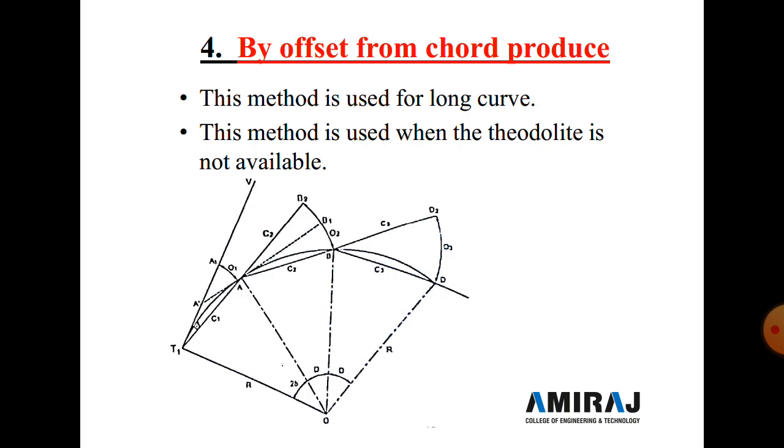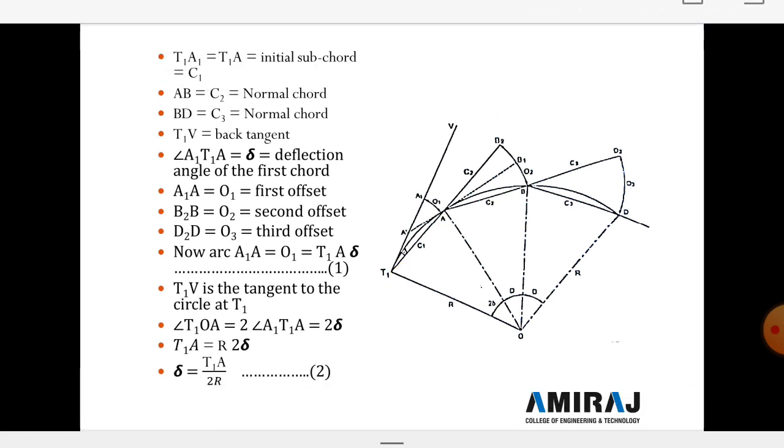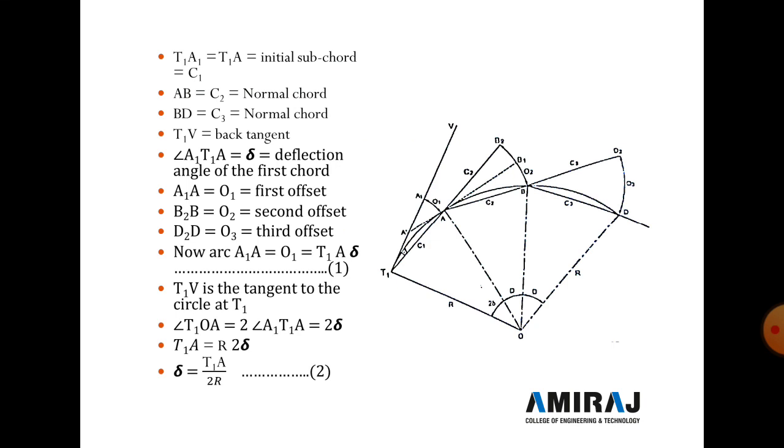Now the fourth and last method is by offset from the chord produced. This method is used for long curves, and when the theodolite is not available. In this method, first of all T1A1 is equal to T1A, the initial subchord, equal to C1. So this is the subchord C1, and AB is the normal chord C2.